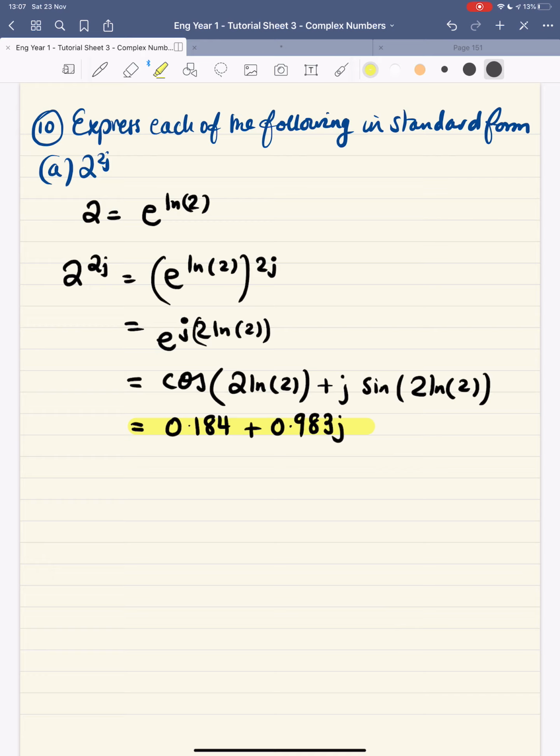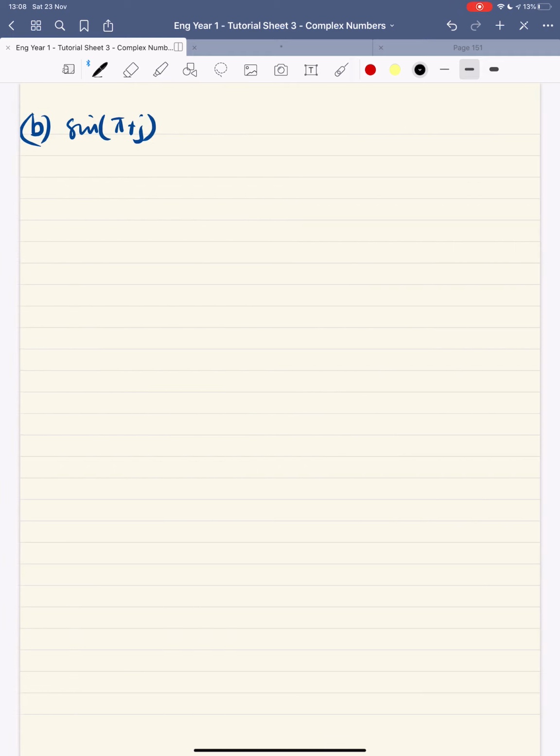I think there's been some rounding errors on the one that I've just used, so I'm going to have to do it properly. It's 0.183, and then sine of ln 4, j times 0.983.